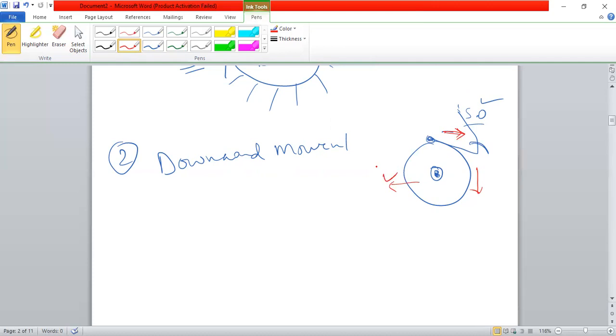Abduction we already covered. Now we are talking about downward movement. You have to remember that downward movement is supplied by two muscles. The first is the superior oblique muscle. The second is the inferior rectus.